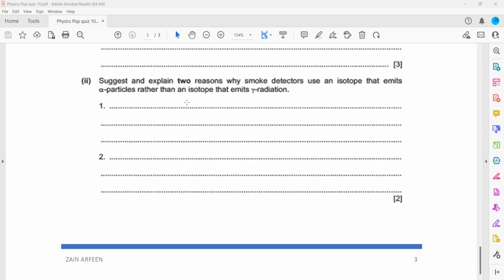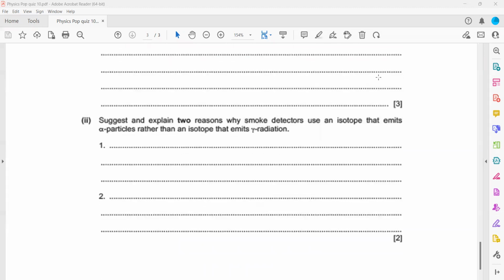Then suggest 2 reasons why a smoke detector uses an isotope that emits alpha rather than gamma. One thing, alpha has the highest ionization, so it can easily ionize the air. That is 1 point. The second thing is alpha has a short range, so it cannot be harmful or dangerous for a person.